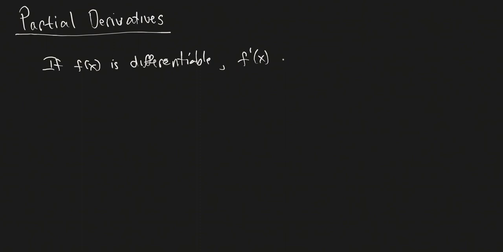So remember, that's our f prime notation, and it is the limit as h approaches 0 of this difference quotient, f of x plus h minus f of x all over h, right?